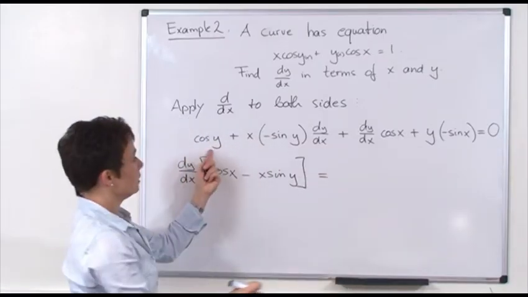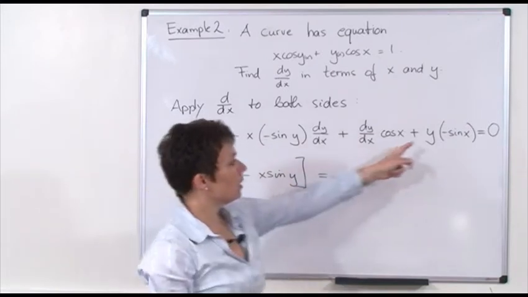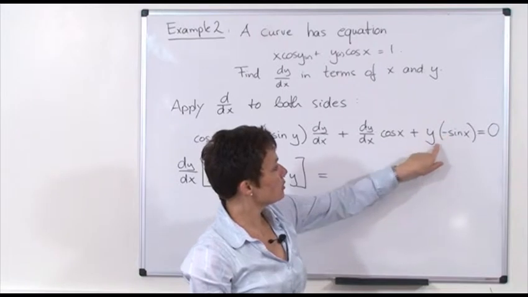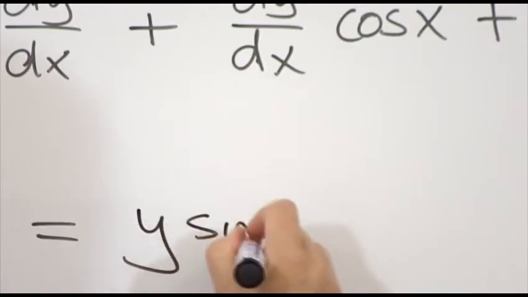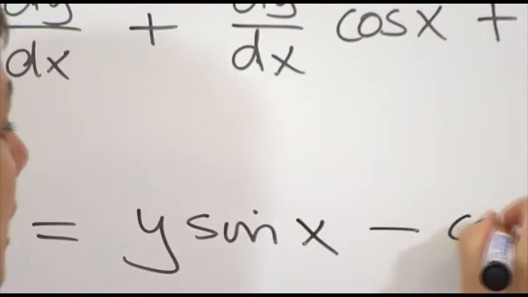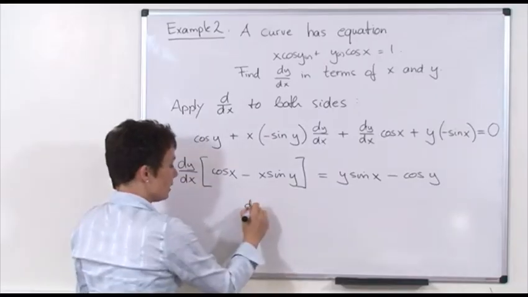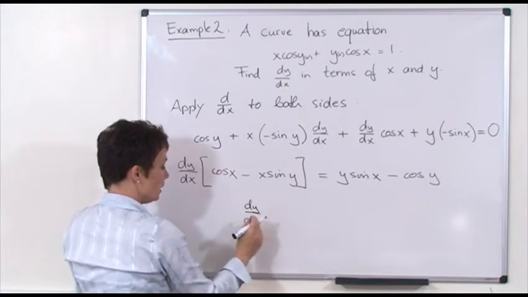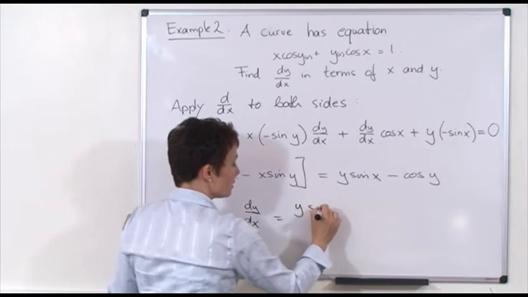And we'll put all the terms which do not have the dy by dx in it to the right-hand side. So this term here goes to the right with a positive sign, so we have a y sine x, and the cos y comes over here with a minus. So all we need to do in the last step now is divide here by these brackets, and we have solved the equation for dy by dx.